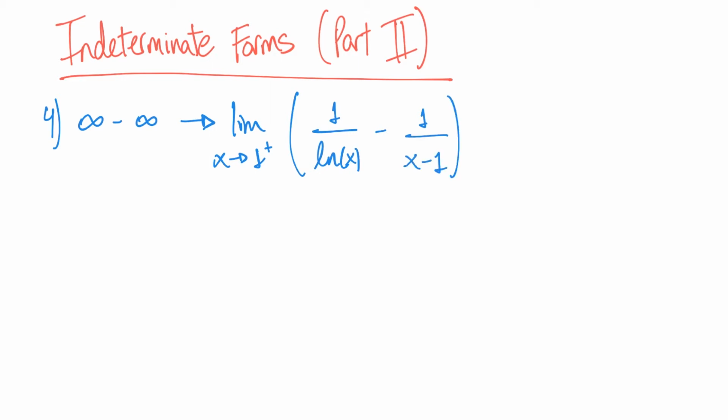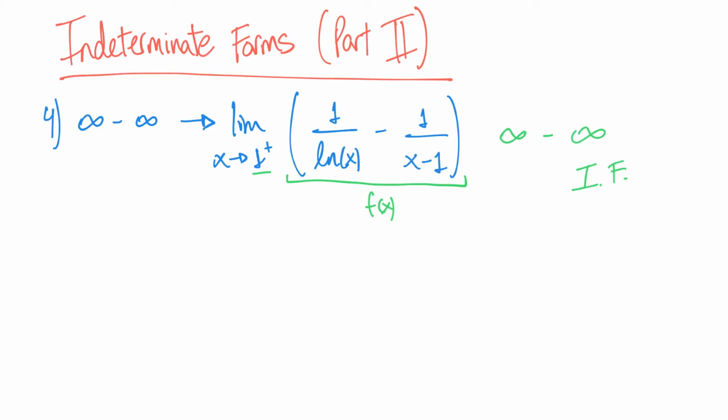If we try to plug in the value into the function, which let's call f of x, and evaluate f of 1, then both terms would go to infinity, because the logarithm of 1 is 0, and 1 minus 1 is 0, so infinity minus infinity. So this is an indeterminate form.